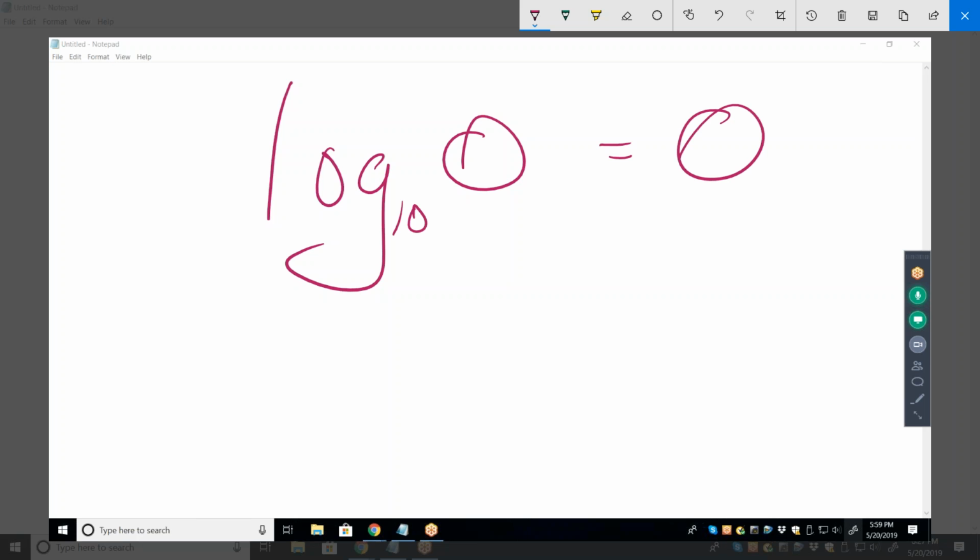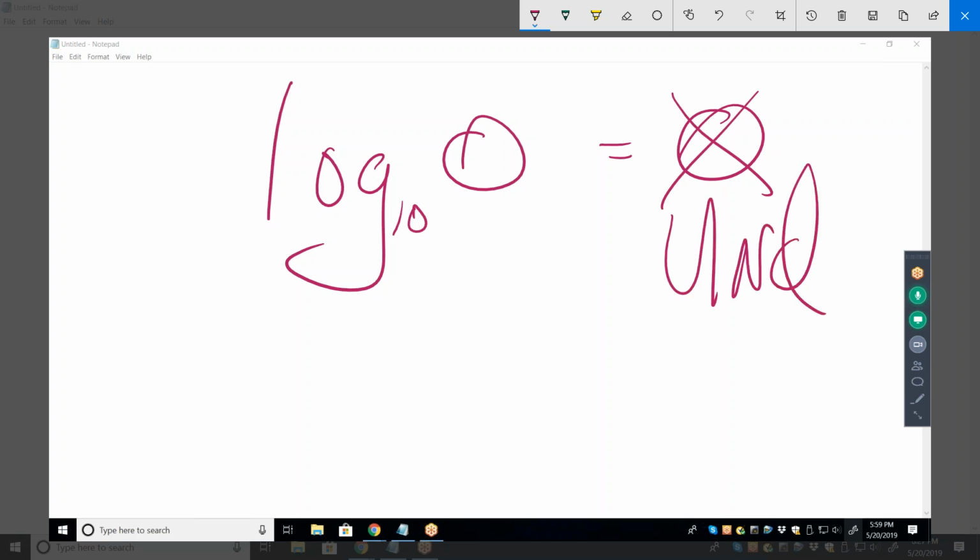So it's undefined. It's impossible to do. It actually gives you imaginary solutions, much like when you take the square root of a negative number. In other words, the only things you can take logs of are positive numbers. You can't even take the log of 0. You can take the square root of 0, but you can't take the log of 0.